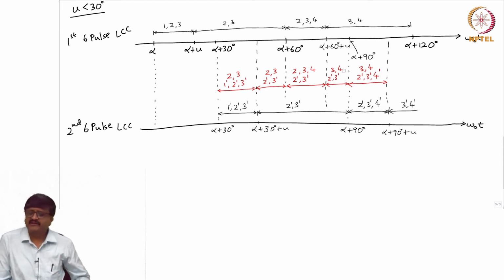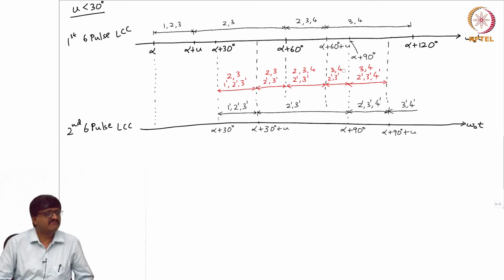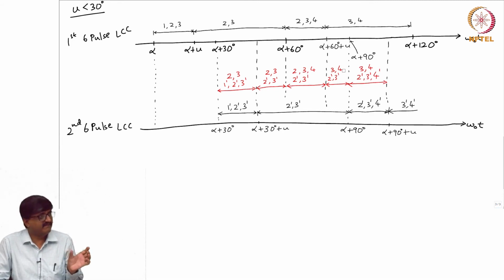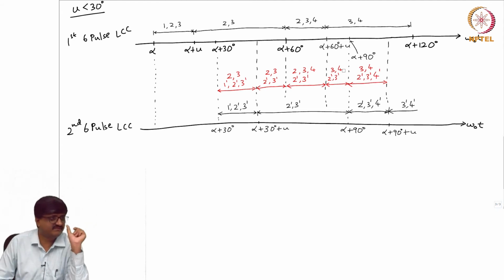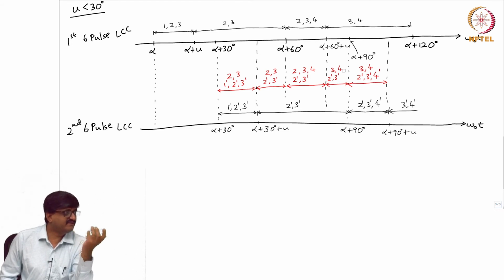To decide the operating mode, even for just the 6 pulse LCC, should I consider the entire cycle consisting of 360 degrees? No, in the case of 6 pulse LCC, one interval is sufficient. I just look at one interval that is divided into 2 subintervals, and see the number of valves in the first subinterval and the second subinterval.